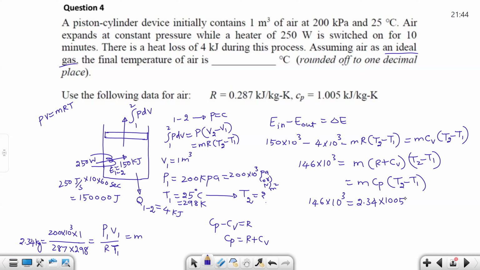We want it in joule per kilogram Kelvin, so this must be substituted in joule per kilogram Kelvin because the other side, the energy, is in joule. For the temperature difference, if you substitute in degree centigrade, you will get the answer in degree centigrade. If you substitute in Kelvin, you will get it in Kelvin.